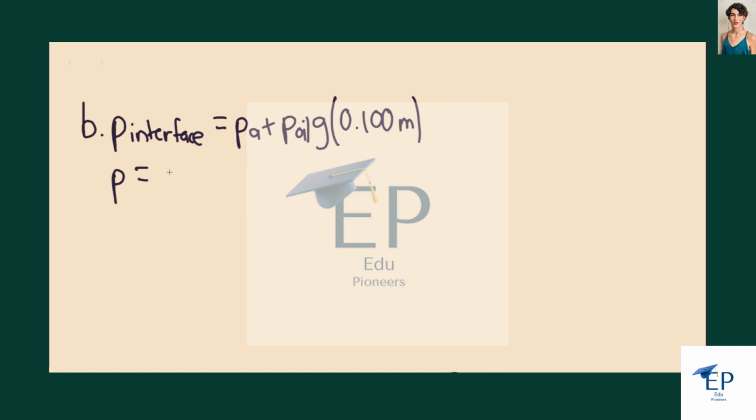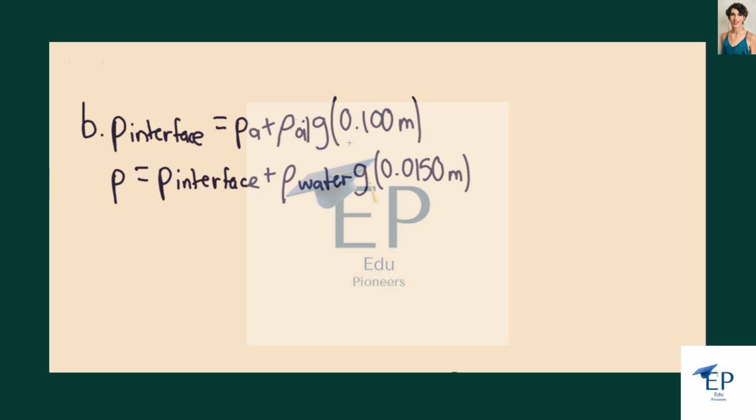This is going to be equal to the pressure at the interface plus the density of water, rho, multiplied by g, multiplied by 0.0150 meters. And I just noticed that this looks like a pressure of the oil. This is specifically rho, the density of the oil.